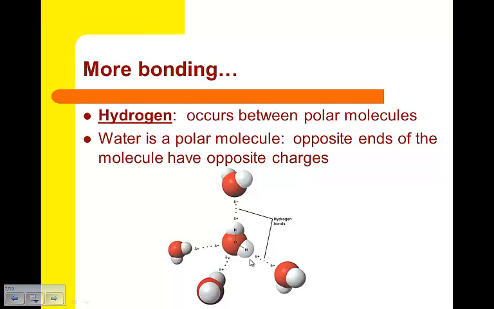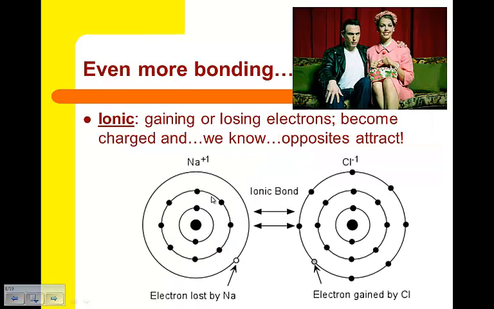And you can see it with every one of these: oxygen, hydrogen, hydrogen, oxygen, hydrogen, oxygen. So any place where there's an oxygen, there's a hydrogen bonding to it because it's always looking for an opposite match there. All right, so hydrogen bonding, we had covalent, hydrogen, and now we're moving on to ionic.